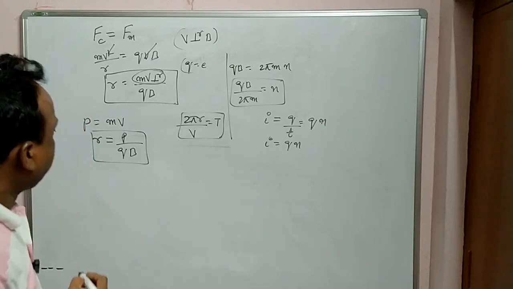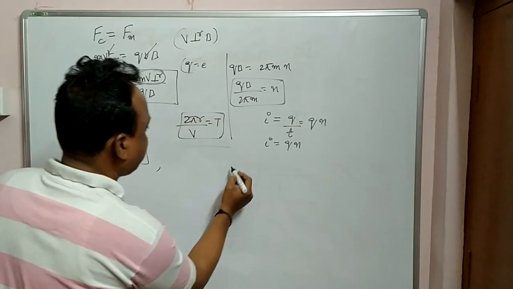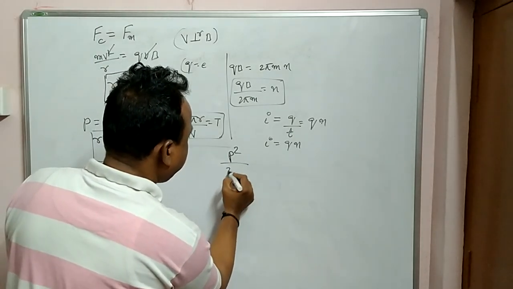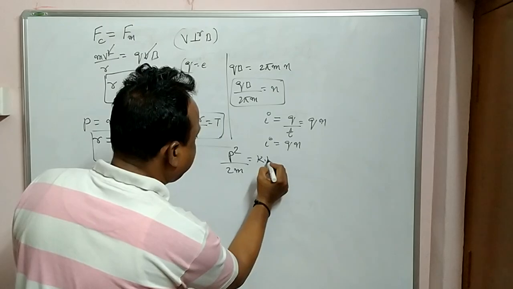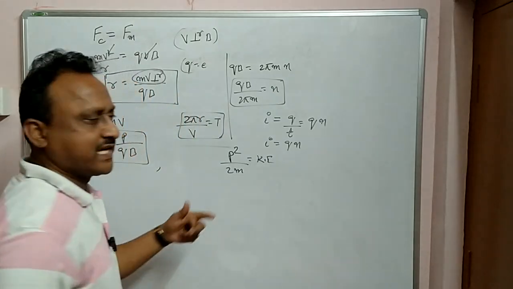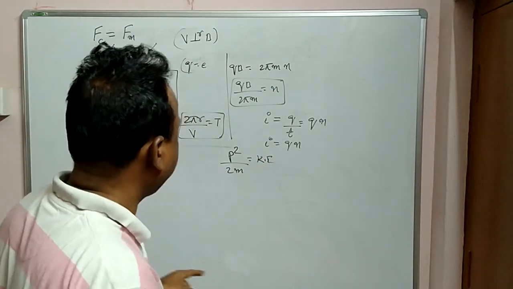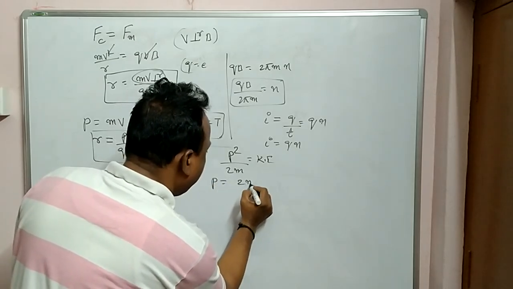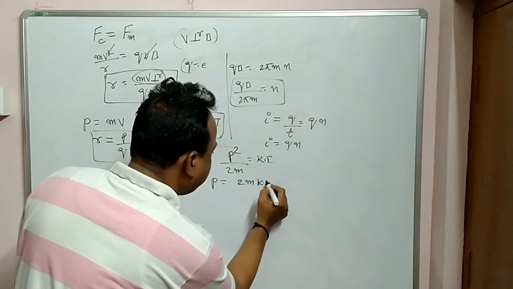Okay, clear? Now again this one you can also change. What is the relation between kinetic energy and momentum? p square by 2m is equal to kinetic energy, because K is equal to half m v square and p is equal to m v. So from this, p is root over 2m kinetic energy.